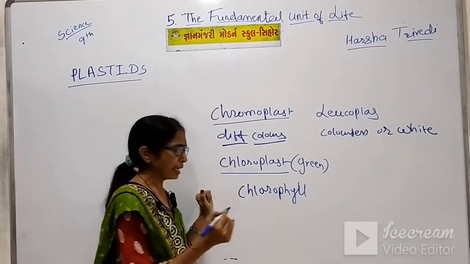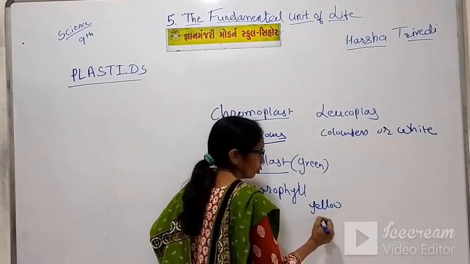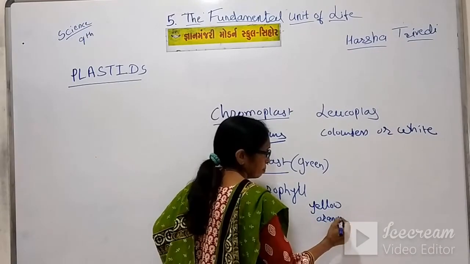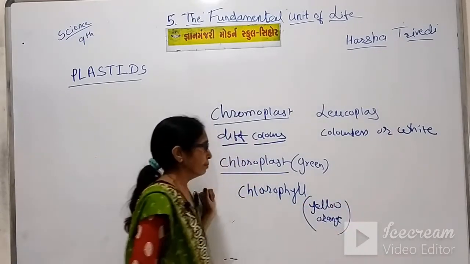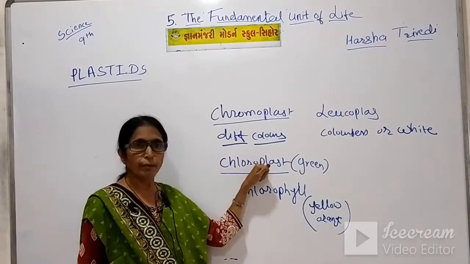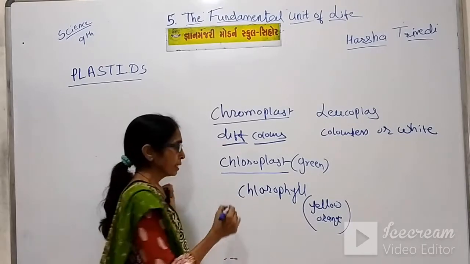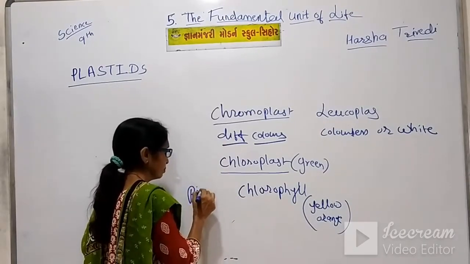But sometimes yellow and orange pigments are also present in the chloroplast. The chloroplast is green in color because of the chlorophyll pigments present in it.